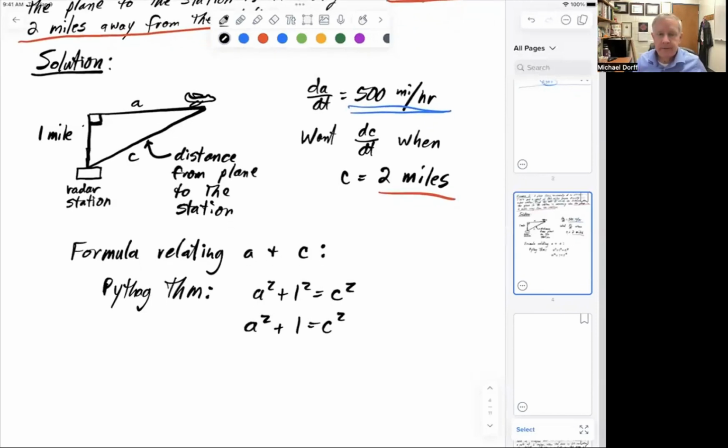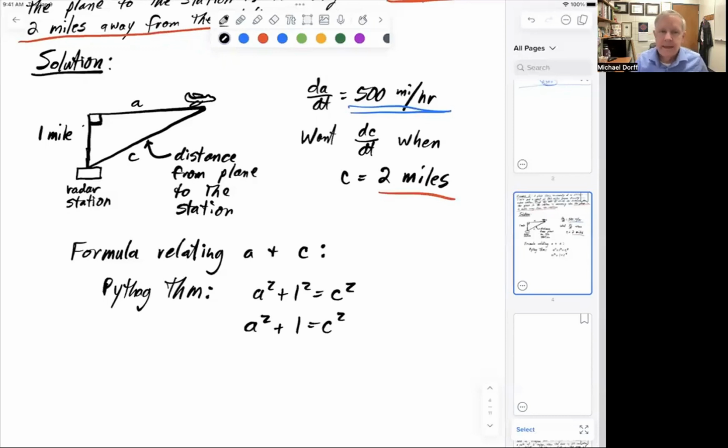I want to find dC/dt, and I'm given dA/dt, so I'm going to be taking derivatives. The speed of the plane is given as dA/dt, and we're trying to find the rate of change, which is the derivative of the distance C with respect to t.